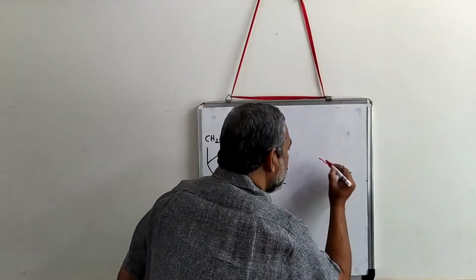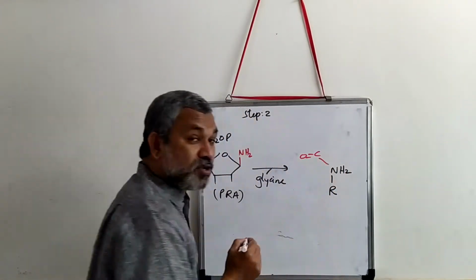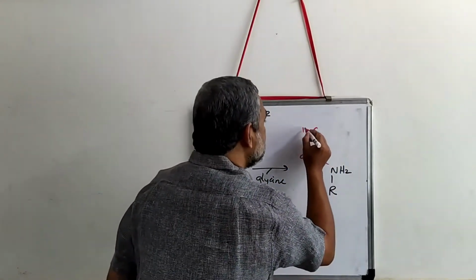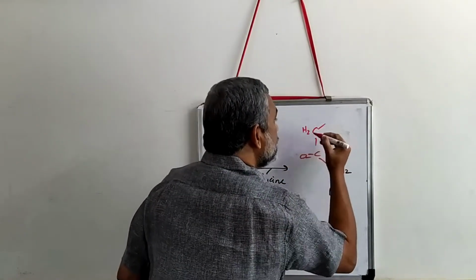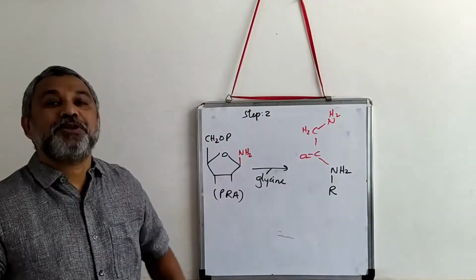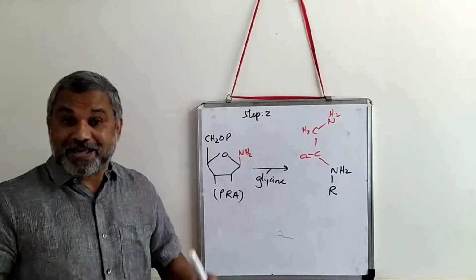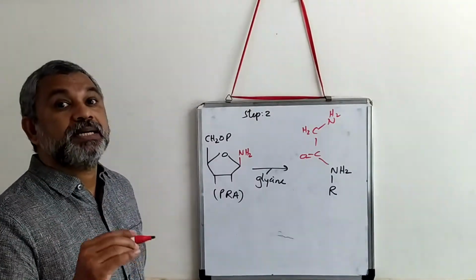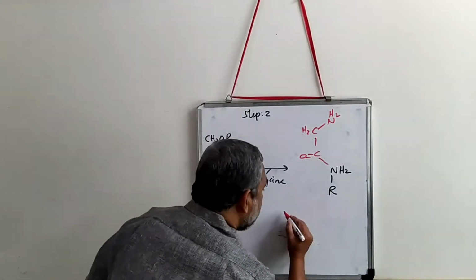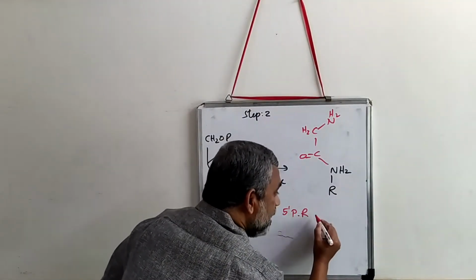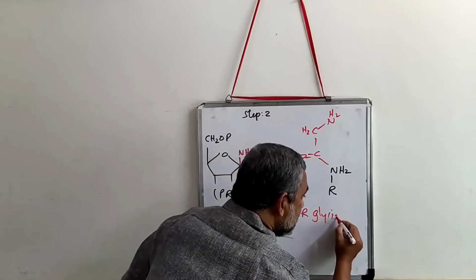So glycine, this is the carboxyl end. This is the alpha carbon atom, CH2, and this is the amino nitrogen. This is contributed by glycine. This product is known as 5-phosphoribosyl glycinamide.